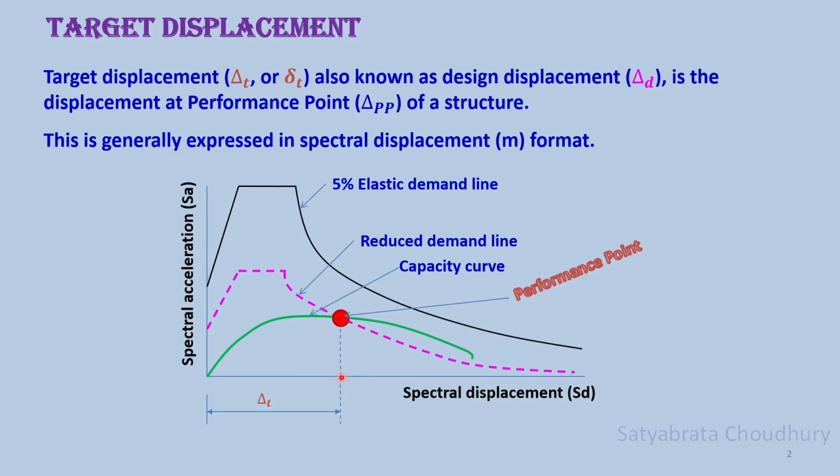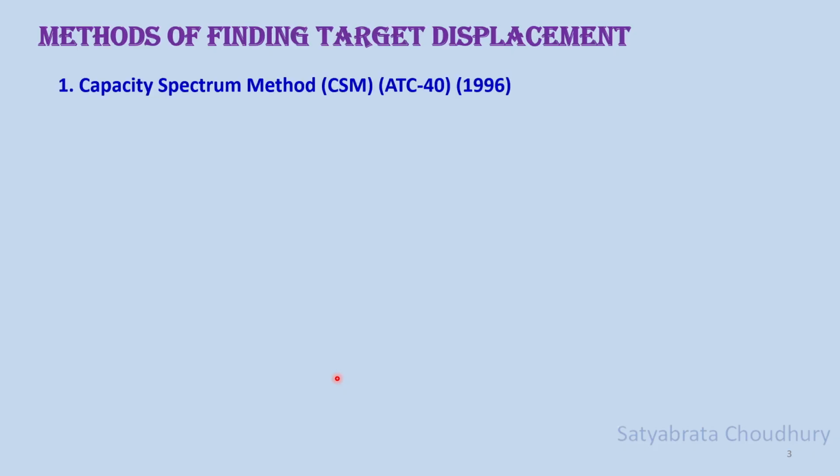One method we have already discussed based on ATC 40, which was the capacity spectrum method. So let us see what are the methods available for finding the target displacement or design displacement. Number one is the capacity spectrum method, which we have discussed in our previous video.